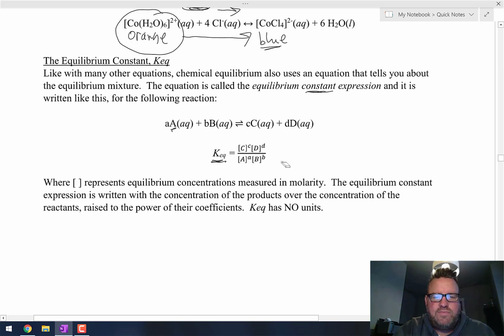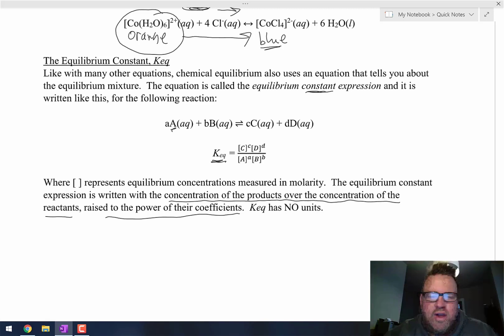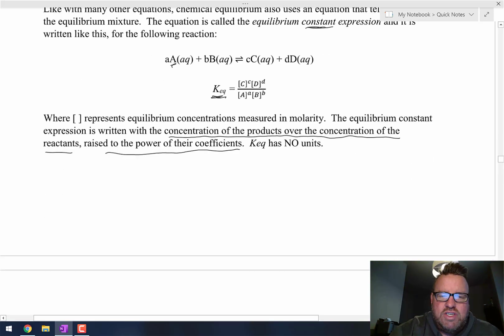So it's written with the concentration of the products over the concentration of the reactants raised to the power of their coefficients. And here's one thing that's fantastic: there are no units. There are no molarities, there are no seconds, there's nothing. The equilibrium constant is nothing more than just a number.